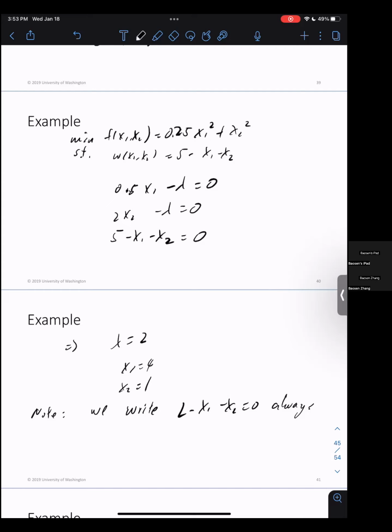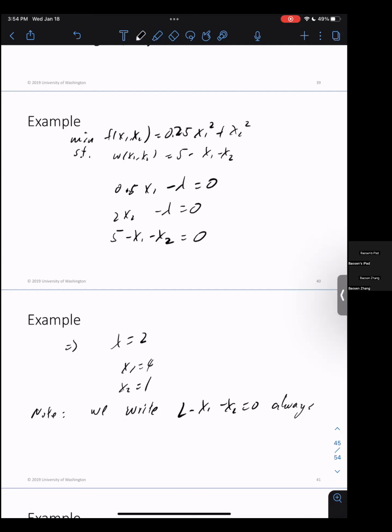In future homeworks, you'll be asked to explore how your computer might solve this, and how to recover lambda if you're actually a computer program solving this. We'll do that later in class. For now, the problems will be small enough that you can do it by hand to get to this stage. Any questions?